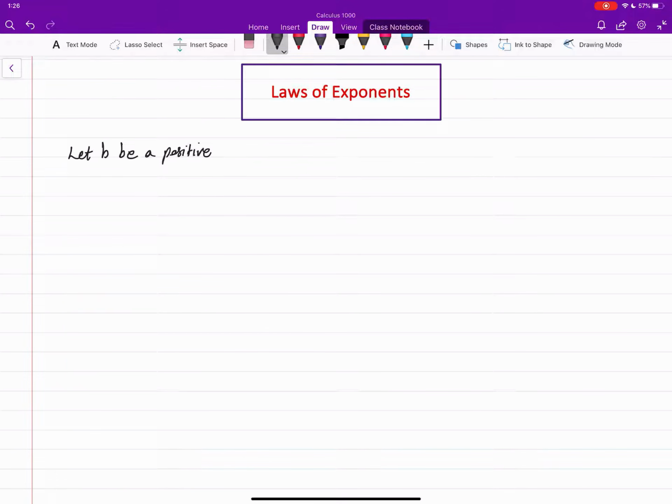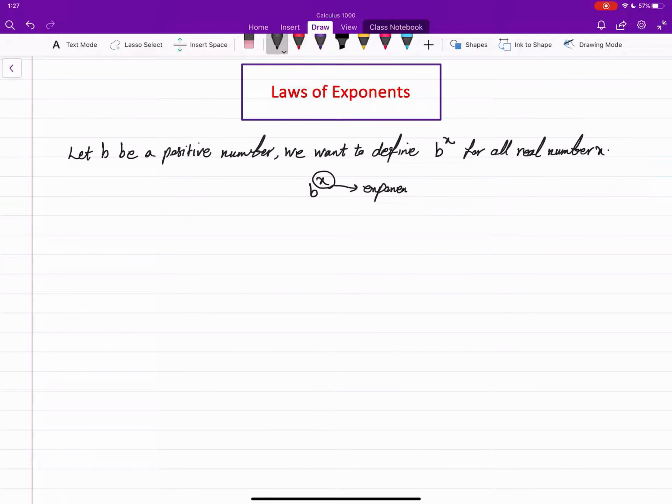any positive real number, and we want to define, or see how to define, b to the power x for all real numbers x. For b to the power x, we call x the exponent and b the base.